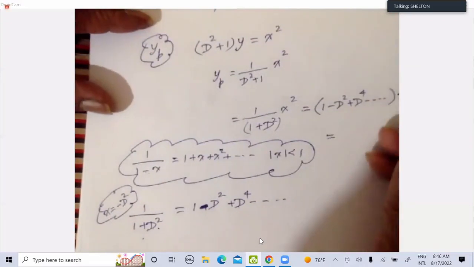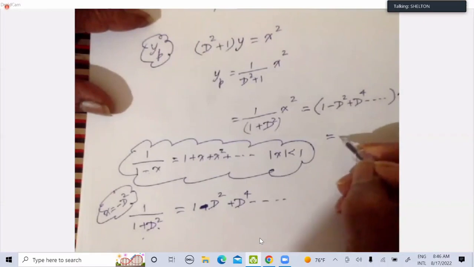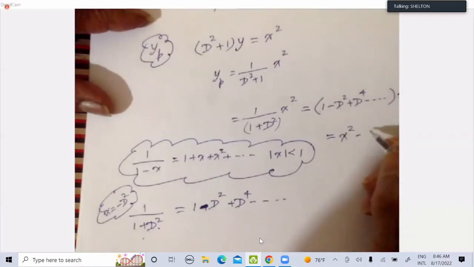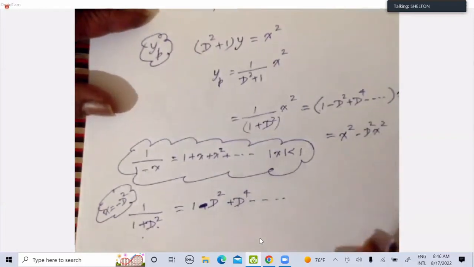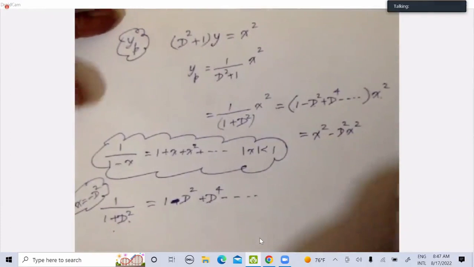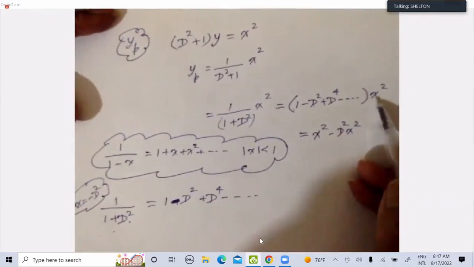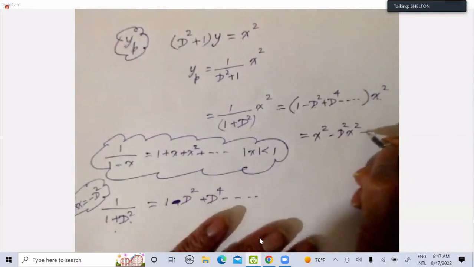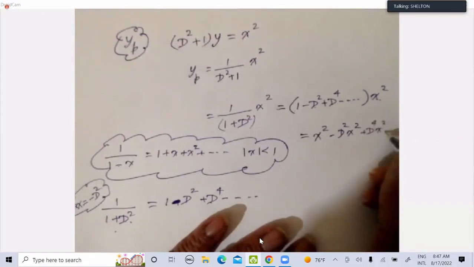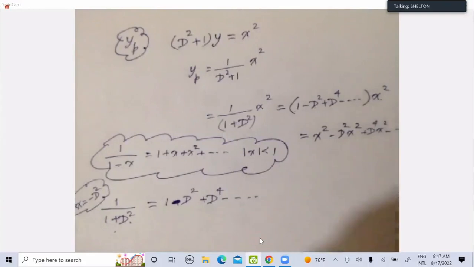That is equal to, when you multiply this by this, x squared minus D squared x squared plus D to the 4 x squared, which is 0, because if you take the derivative of x squared 3 times, it becomes 0. I'll write it like that.